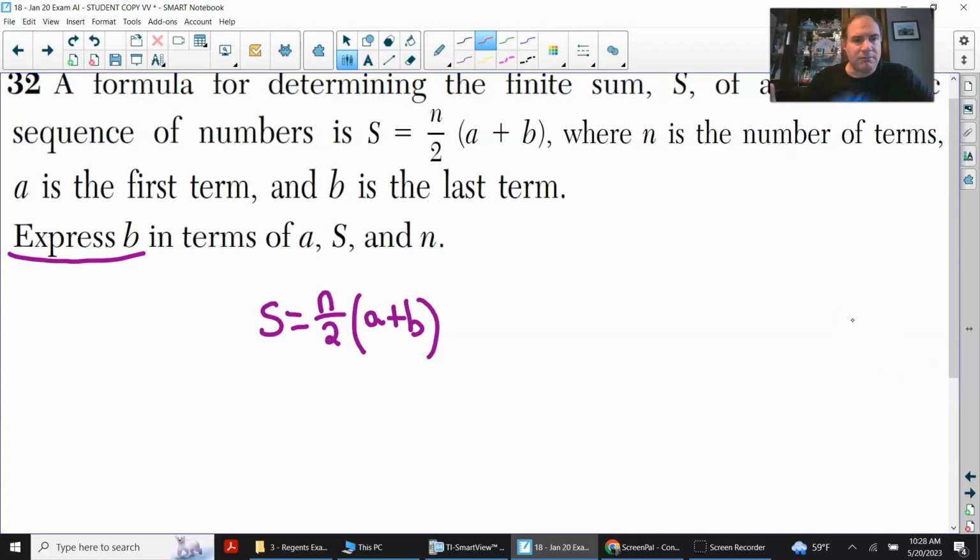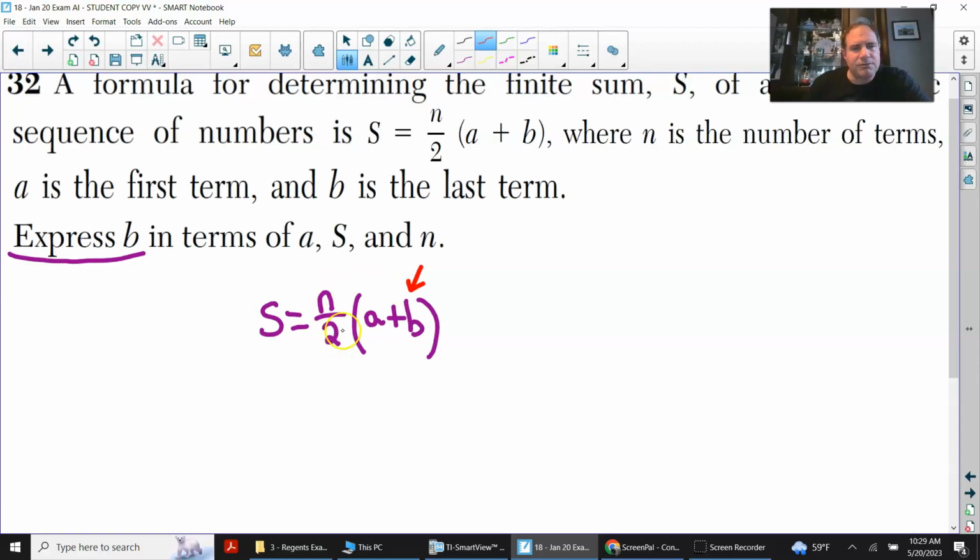That means it has all variables, more than one variable, all over the place. You're solving this for b. So we're not going to distribute. I always ask my students, if you had one term to cancel out and you wish it was gone, what would that term be in this equation?